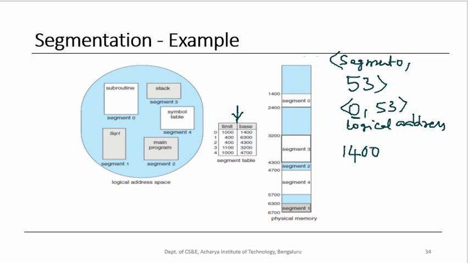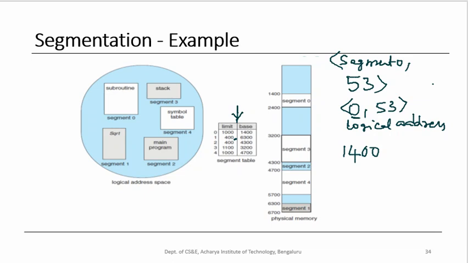So what does the limit say? The offset ranges from 0 to 1000 here. Similarly, in the other case, this 400 represents that the offset ranges from 0 to 400. So I am referring to some byte which is stored at an offset of 53 from the beginning of segment 0. What is the base address of segment 0?